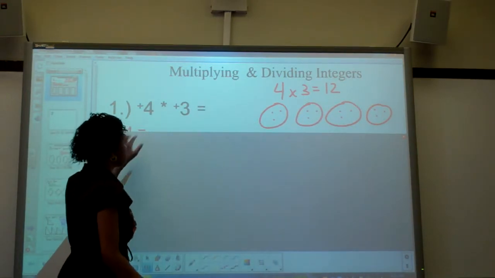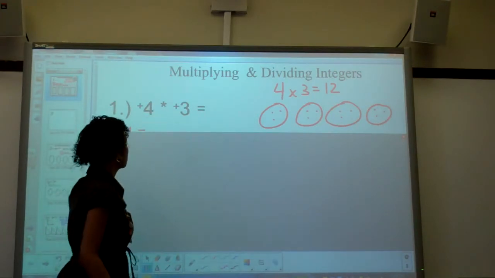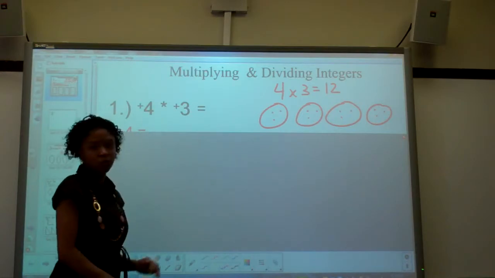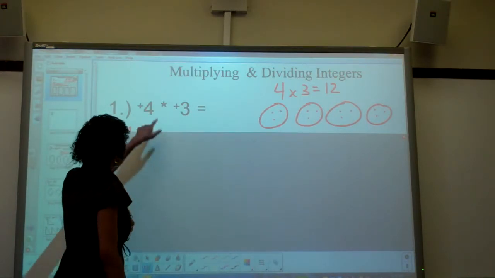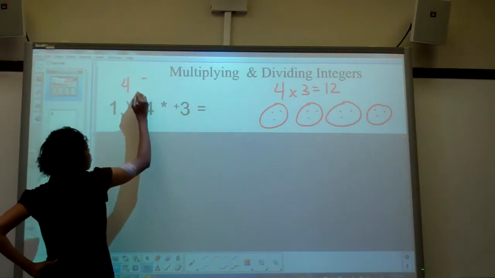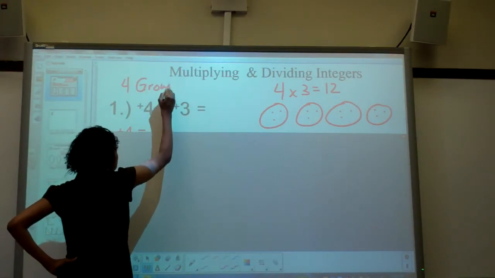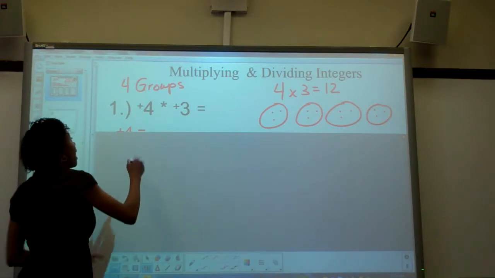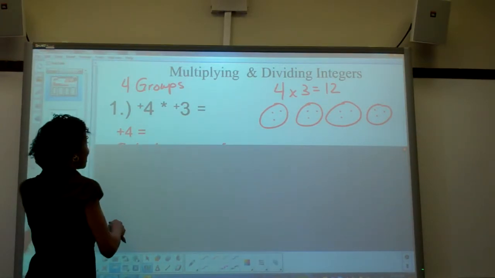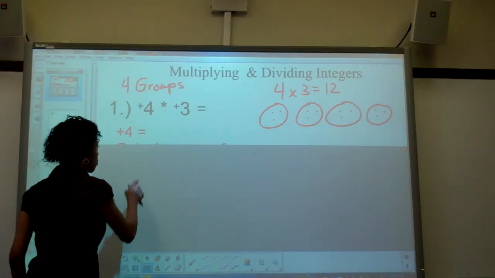Well, the same thing happens with positive and negatives. Slightly different, but essentially the same. So the first number, positive 4. The 4 means how many groups. So we have 4 groups. But the positive means gain or get 4 groups.